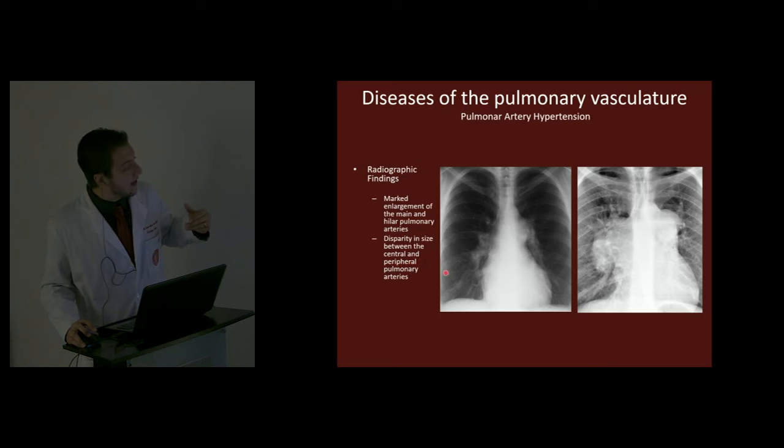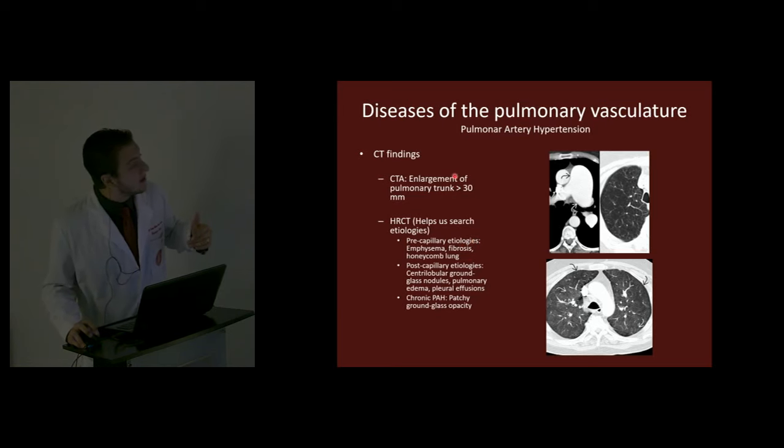This is called a disparity in size of the central and the peripheral pulmonary arteries. This is an X-ray of a person that had a more advanced disease and shows a huge enlargement of the pulmonary arteries, and this is easily diagnosed.